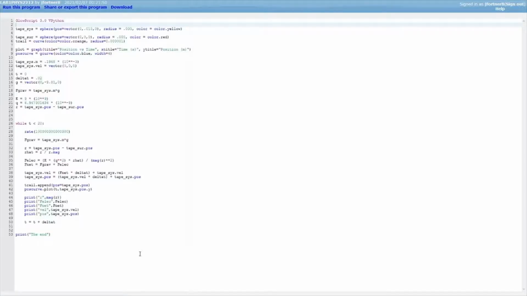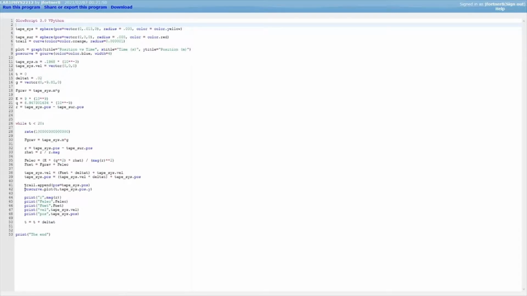And here is the way I accomplished this model. Here I establish the initial conditions of a bunch of variables that I use in the calculations, and then in this while loop I have a force of gravity. I have here an electric force, all that I calculate along through the loop, and then calculate the net force, and then use these velocity and position update formulas to update the position of the sphere.